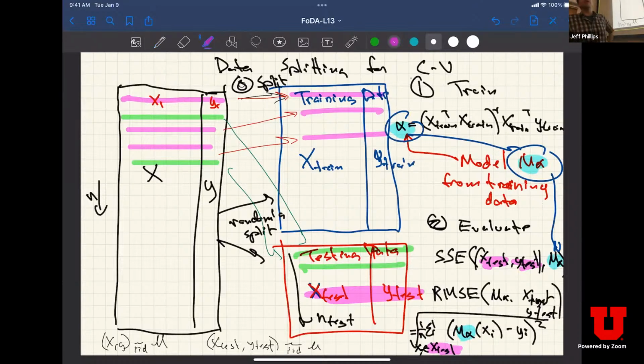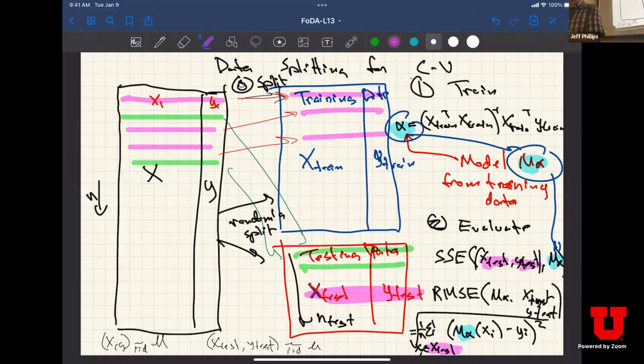Right, so I split the data randomly into different parts. I train it by just looking at the training data, and I evaluate it just looking at the testing data here. Okay.